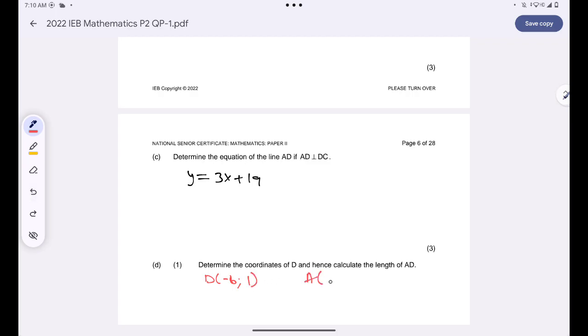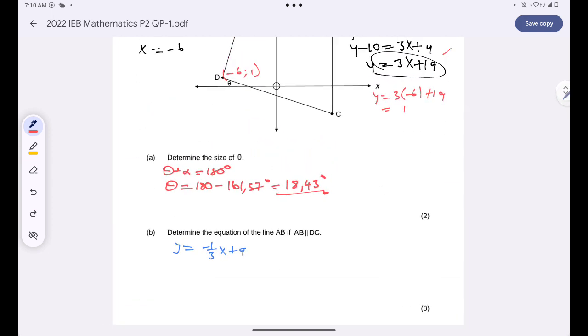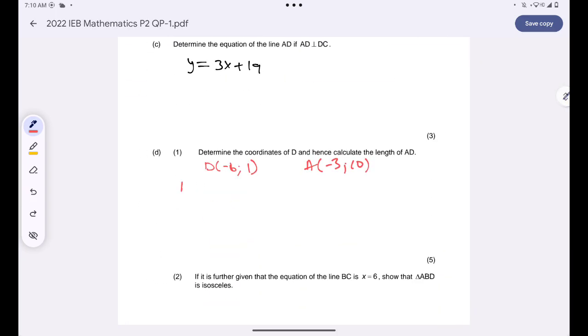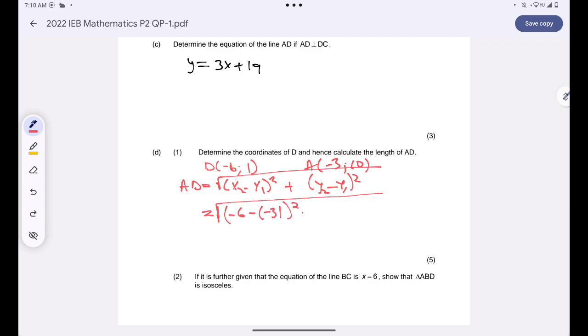Remember that the coordinates of A were given to be (-3, 10). This was given to me. So for me to find the length of AD, I just need to say AD is equal to the square root of x2 minus x1 all squared plus y2 minus y1 all squared. Okay, so this will be -6 minus -3 all squared plus 1 minus 10 all squared.